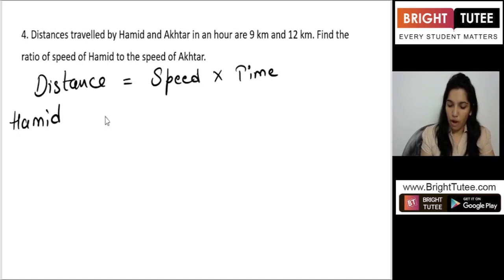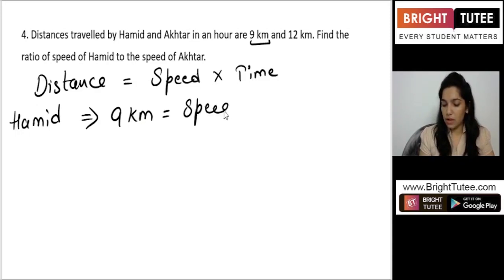Okay, so here let us write for Hamid. For Hamid, what is the distance given to us? The distance given is 9 kilometers, right? And what is not given? We are not given the speed, but we are given the time, that is 1 hour. So let me write 1 hour here for time. Now they are asking us to represent the speed.